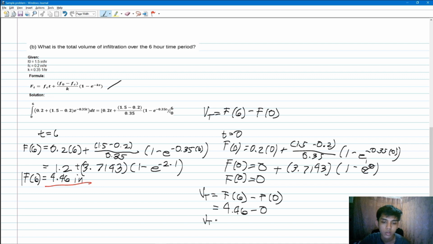So the total volume over the 6-hour time period is also 4.46 inches. That's our final answer for the total volume of infiltration over the 6-hour time period.